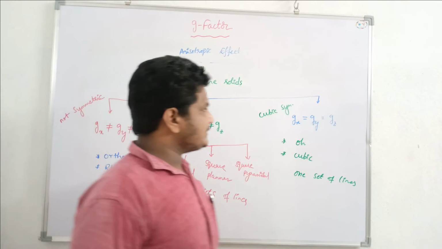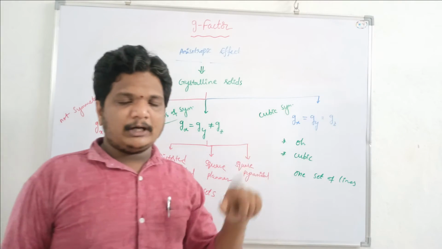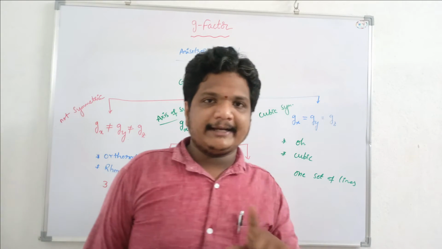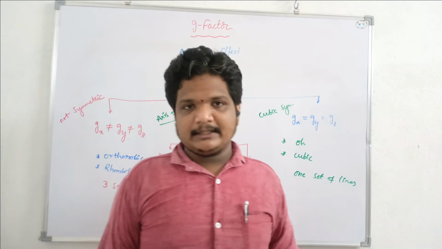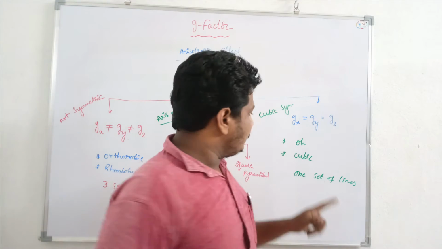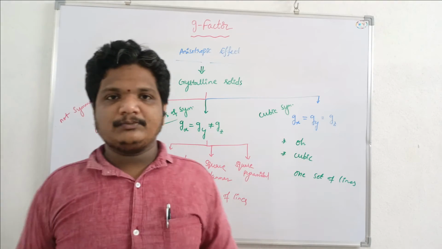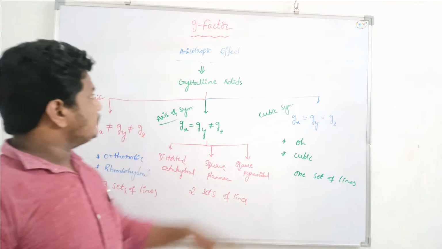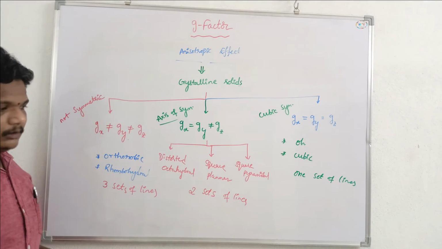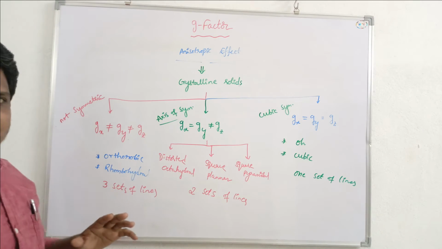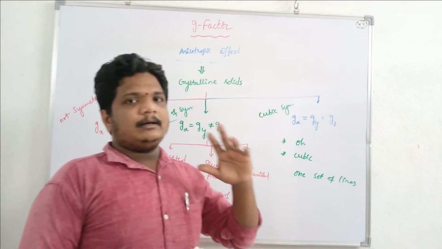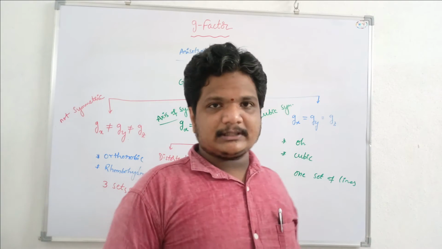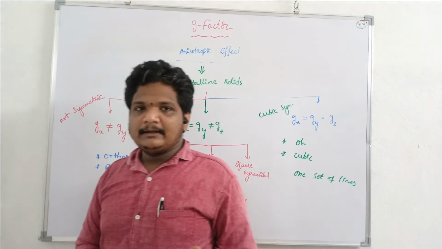In the case of cubic symmetric molecules, we have only one kind of g value, because all the directions have similar electron density. So we observe only one set of lines. So this is about the anisotropic effect. Now, how do we solve questions based on the anisotropic and isotropic effect? How do they ask questions related to this g value?